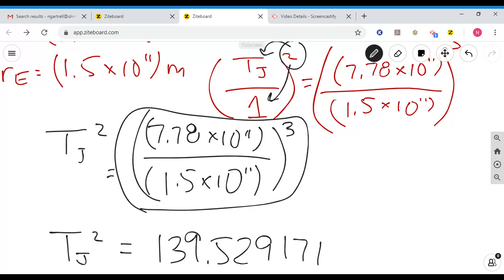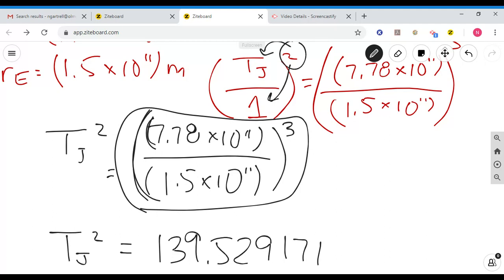Did you forget a parenthesis anywhere? I wish I could take a picture of my screen so you could see what it looks like, but I literally just follow it and I do parenthesis, 7.78 times 10.